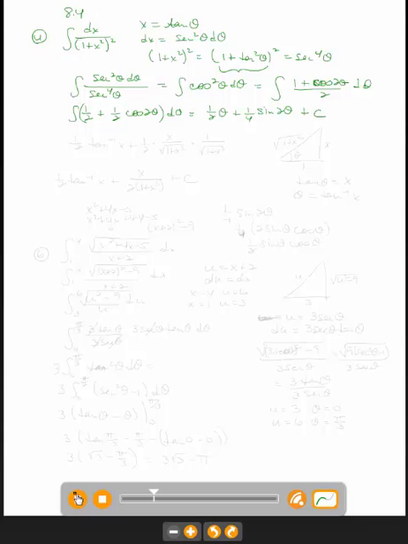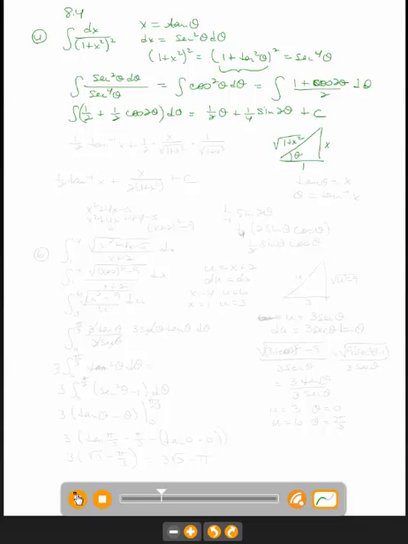Okay, so now I have to go back to x's. So let me draw that triangle. We said this is 1, this is x, this is theta, this is the square root of 1 plus x squared. Okay, so I need the sine of 2 theta. Well, the first thing I have to do to this answer is fix the sine of 2 theta to be 2 sine theta cosine theta.